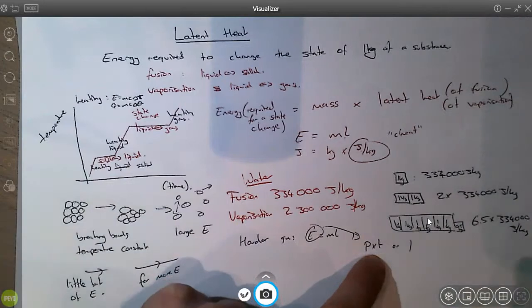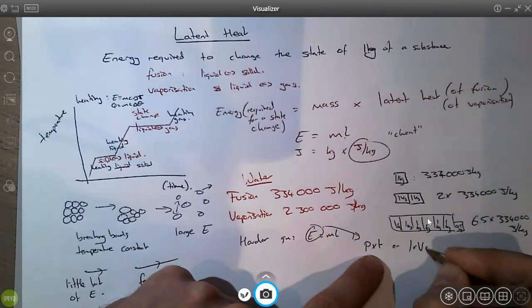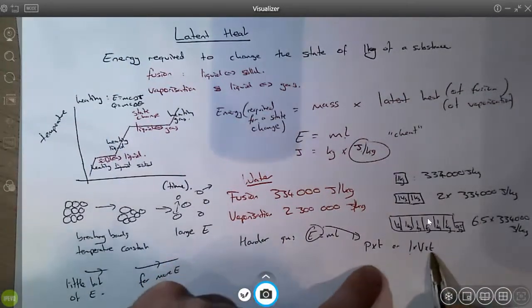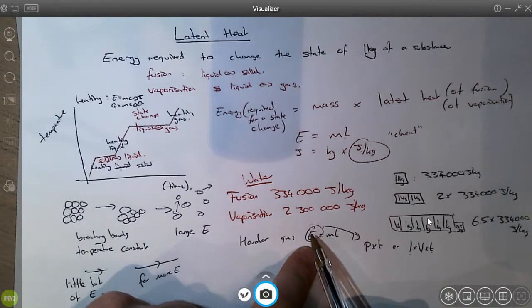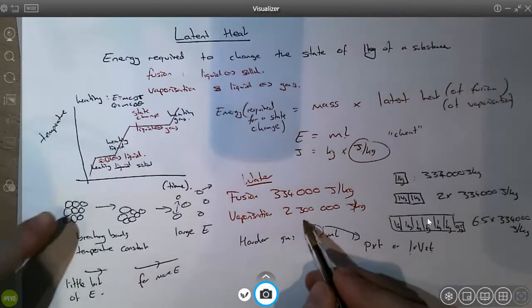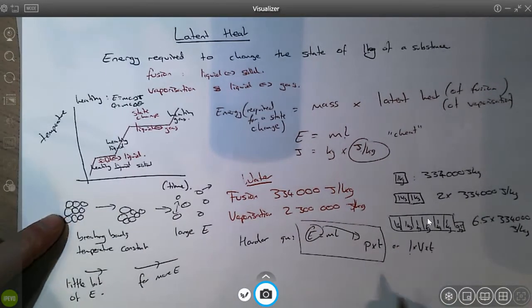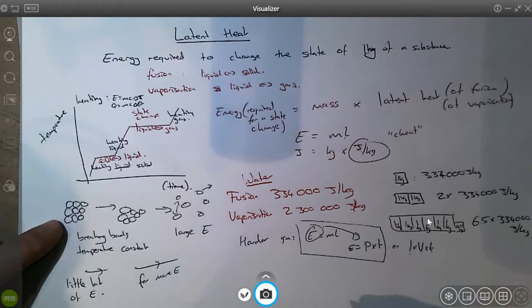So depending on what stage of the year you're at, you might need to use this idea where we're using current times potential difference times time to work out the energy required. And then perhaps step 2 is energy divided by mass is latent heat, for example. Combining these two tends to be the most common ones that I've seen. And they typically are 5-mark questions on a higher paper.